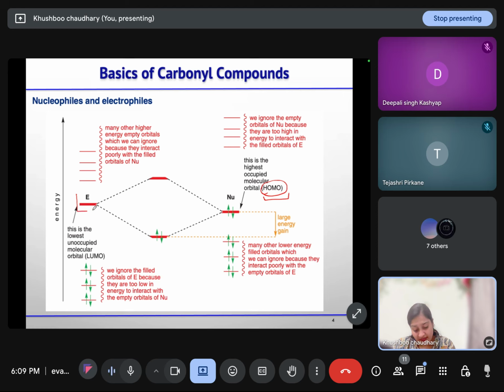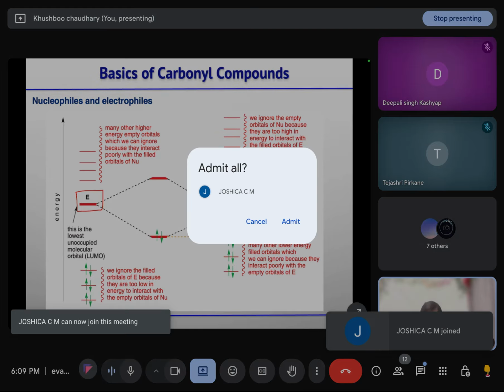The electrophile has many empty orbitals, and whichever is the lowest, the lowest unoccupied molecular orbital, is needed for bond formation. So for the nucleophile and electrophile to react with each other, we will consider the LUMO of our electrophile and the HOMO of our nucleophile.